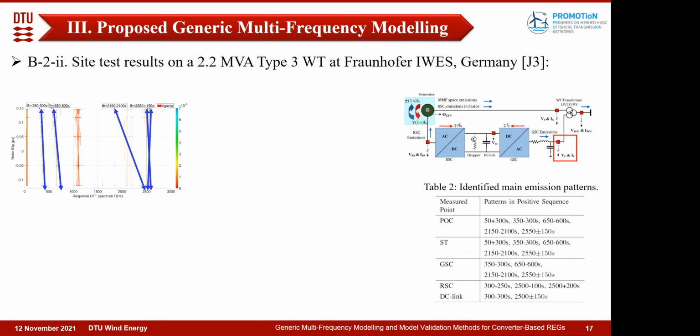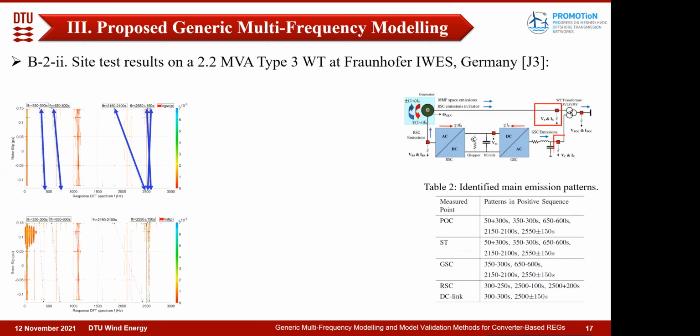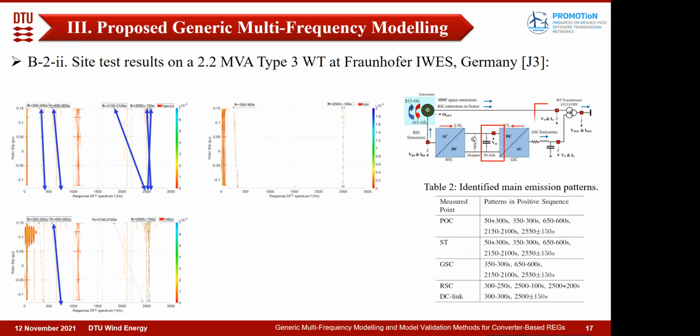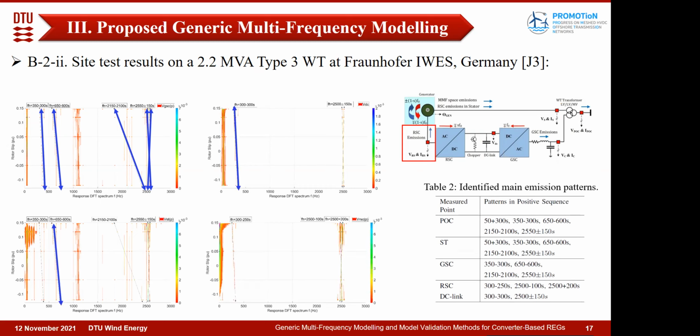We have observed this and provided it more extensively in the research. We can also look at the stator and observe some similar dependency. The next part is the DC voltage, where we also observe it, and on the rotor side converter we observe similar patterns. This is proof that a group of emissions is dependent on the rotor speed.